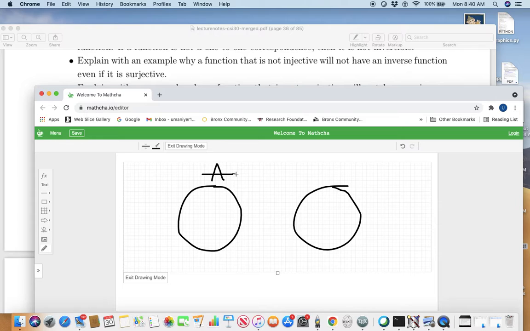So this is set A, this is set B. Here let's draw a picture, a small function which is not injective.